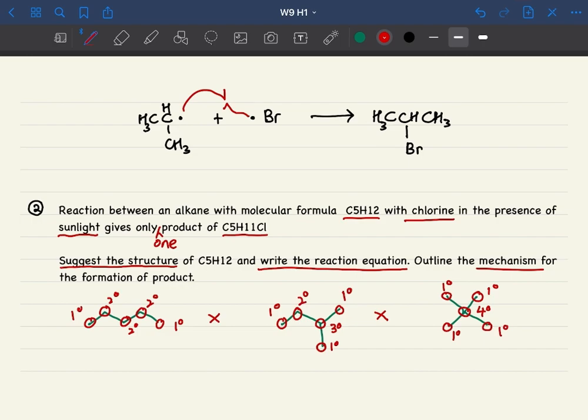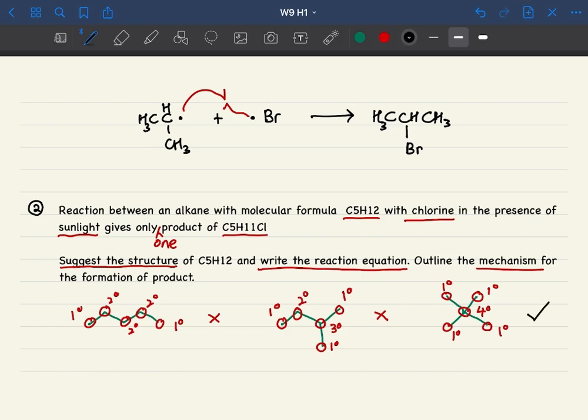Free radical stability goes from methyl, primary, secondary, and lastly tertiary, no quaternary. This means the only product that can be formed from this compound is from primary carbon. So the last compound here will give you only one monosubstituted product.